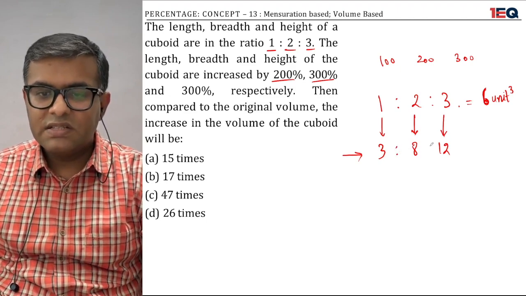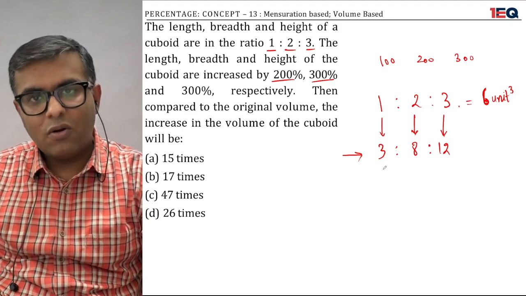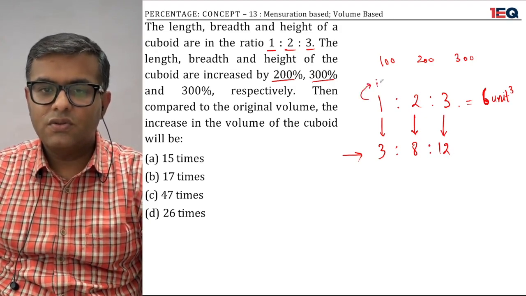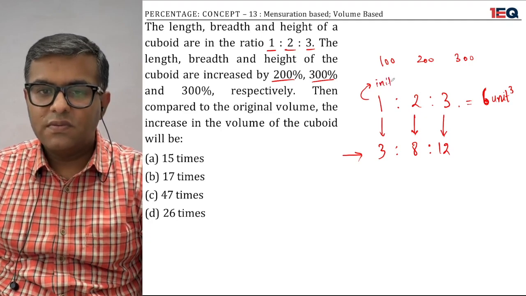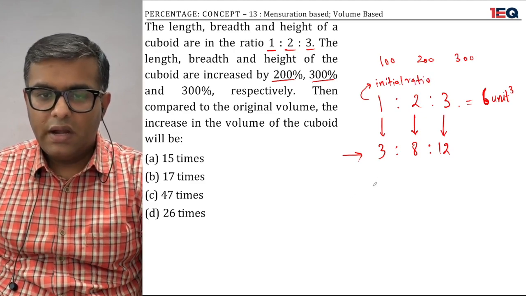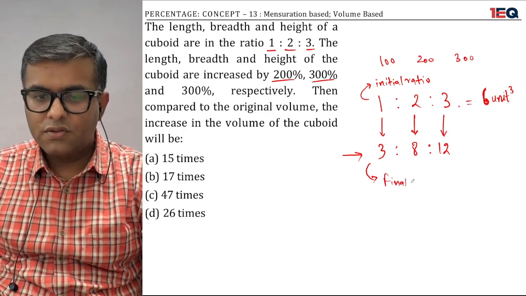But the new dimensions are not in absolute quantities. The new dimensions are also in ratio. The first one is the initial ratio, and the second one here is the final ratio.